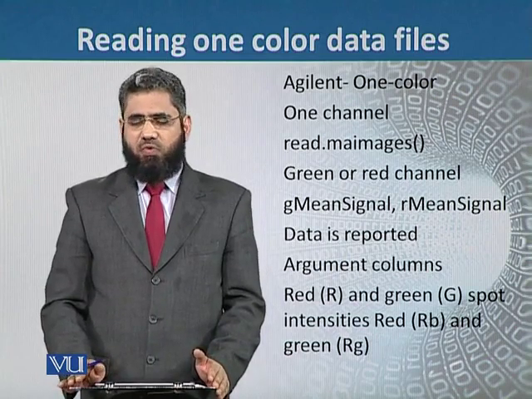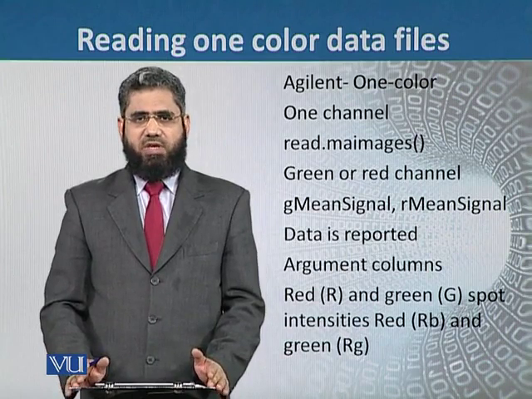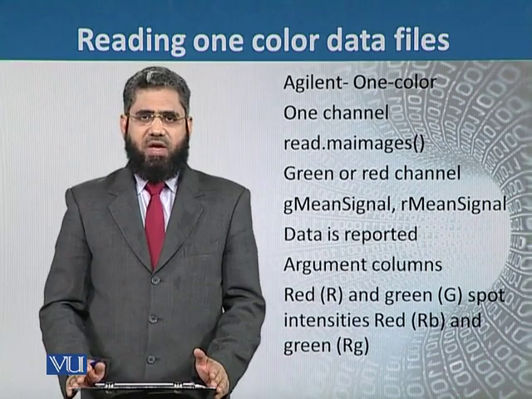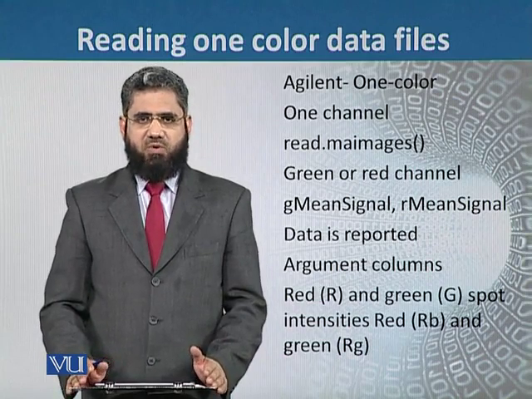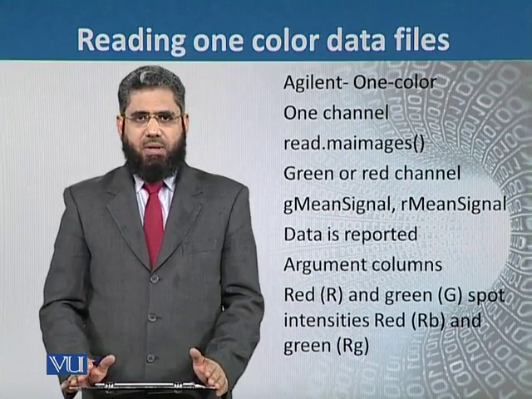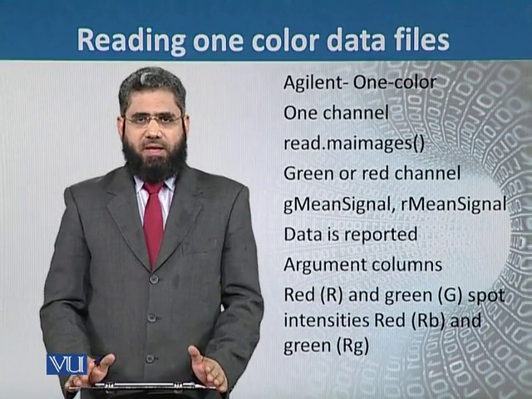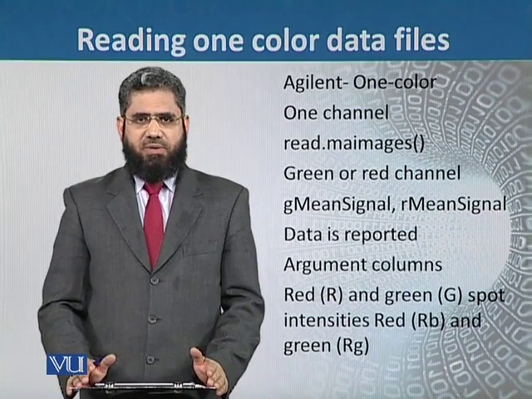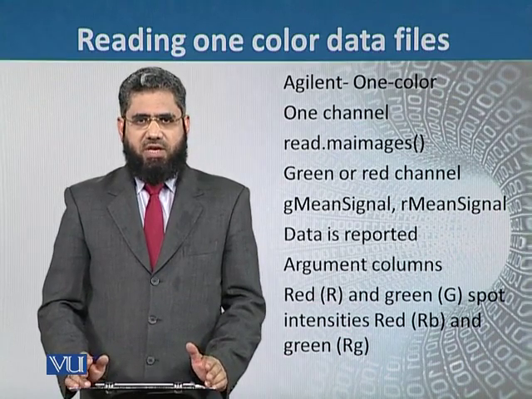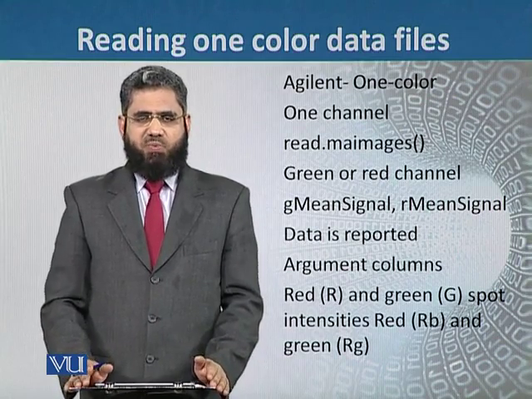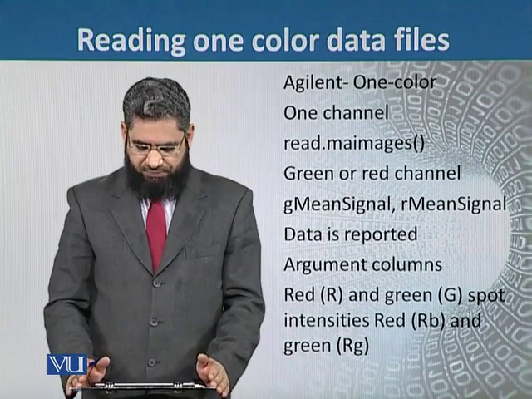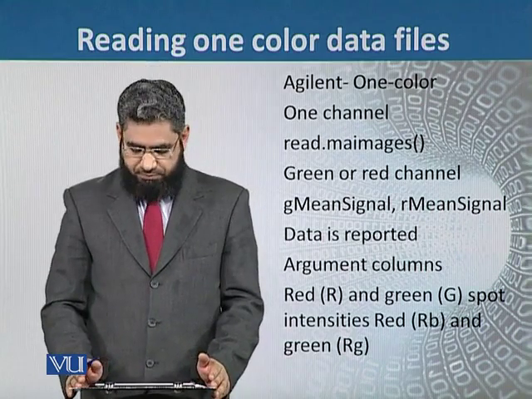When we use two color data we get the spot intensities in different ranges. When we are using one color data, again we use the same columns that we use for two color data, but the difference is that in one color data, for the background intensities we use both red and green, but for the spot intensities we use either red or green.